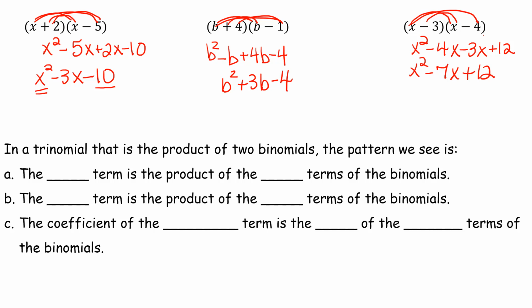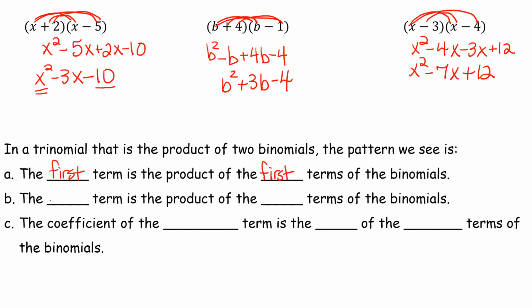So this pattern is going to work for us when we are factoring the kinds of trinomials in this lesson. Now, there are other trinomials that won't work this way exactly, but for these, this is how it's going to work. So the first term in the trinomial is the product of the first terms in the binomials.